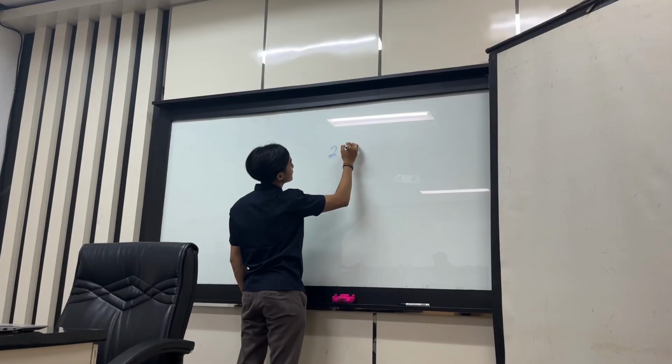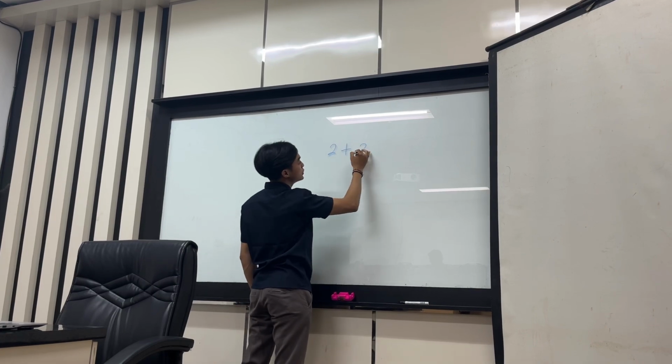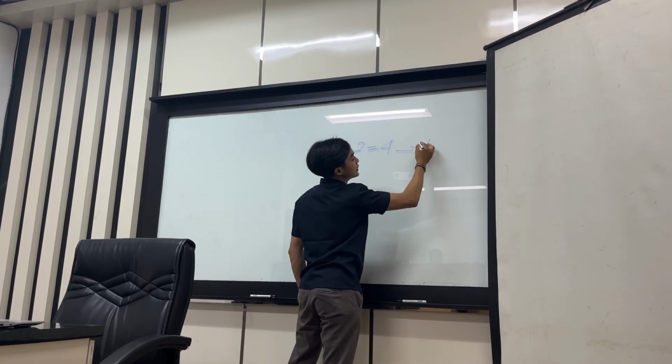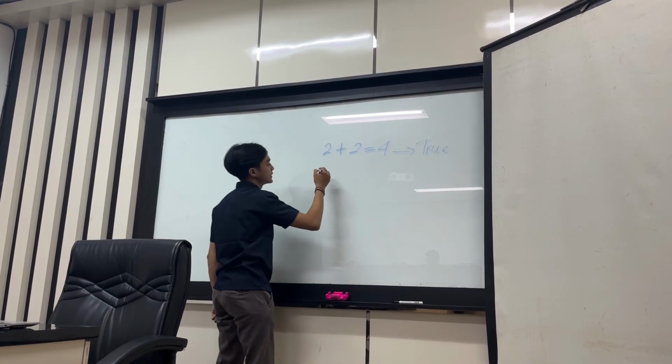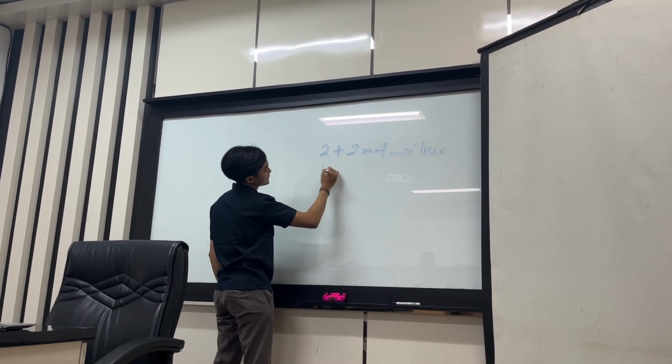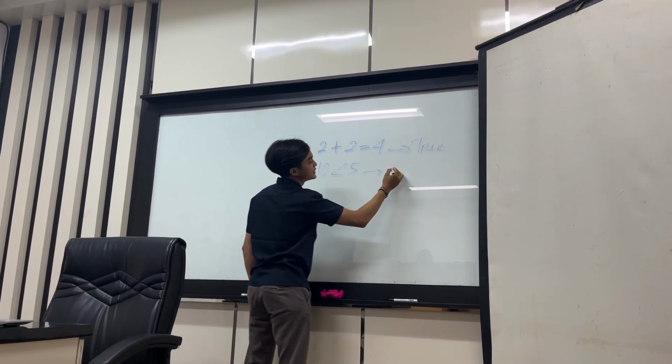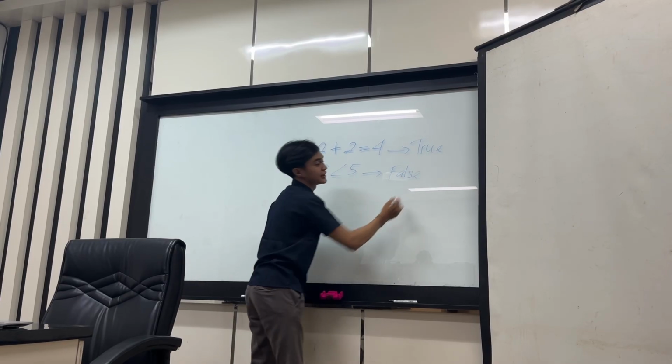For example, 2 plus 2 equals 4. This is true. And 10 less than 5, this is false.